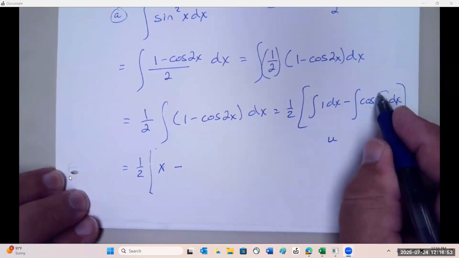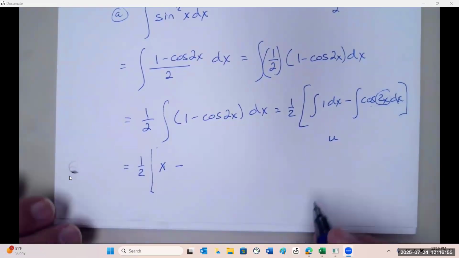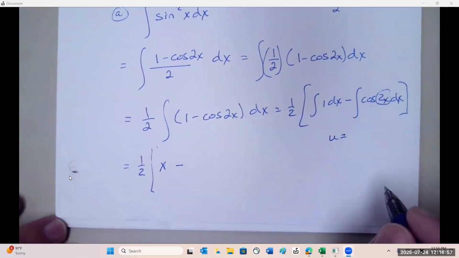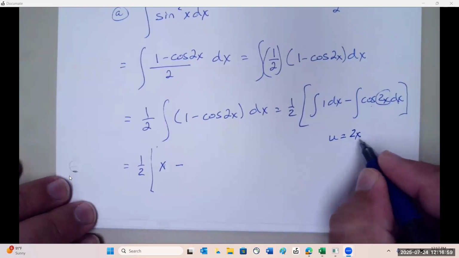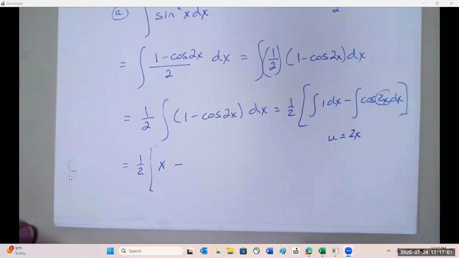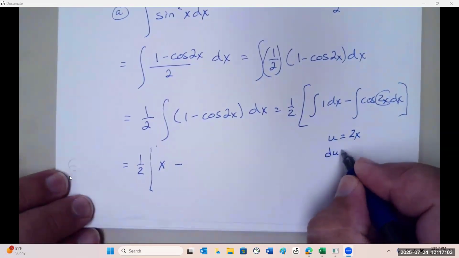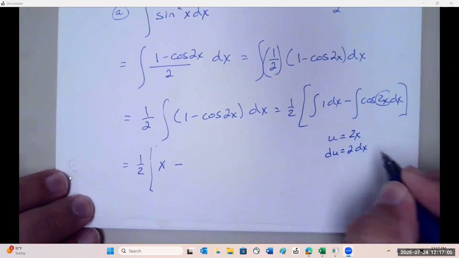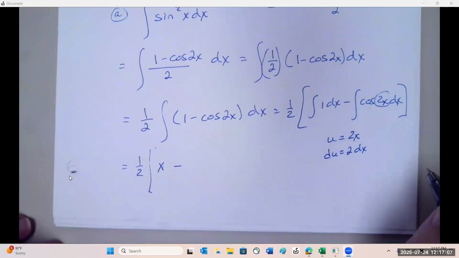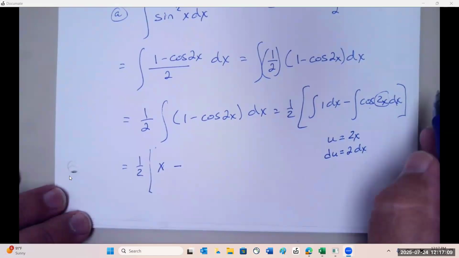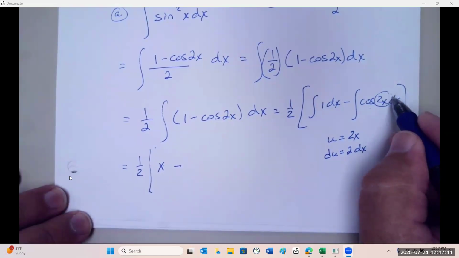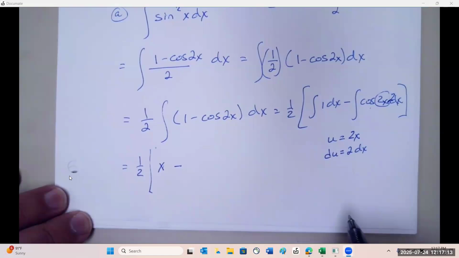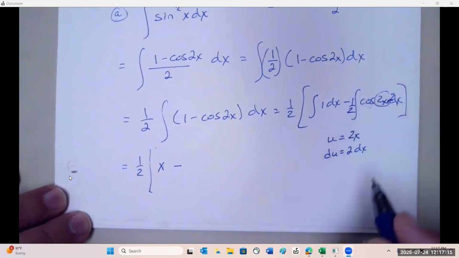We have a function within a function, so we define u as being what? 2x. What is du? 2 dx. So what are we missing in this one? We're missing the extra 2 in front of the dx. So we have to put a 1/2 out in front.